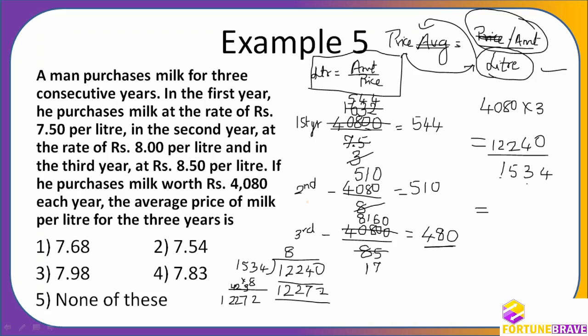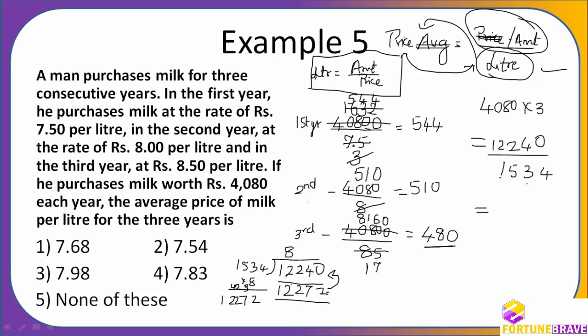How much is the difference here? 32 more. So what number should it be? Just try yourself, you will understand what I did here. 12 to 40 is what we have to divide, and when I multiply by 8, I am getting 12 to 72.